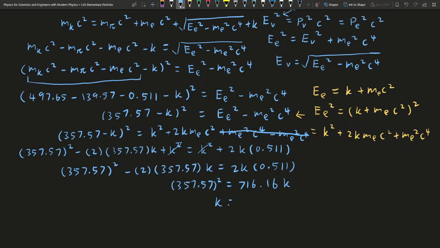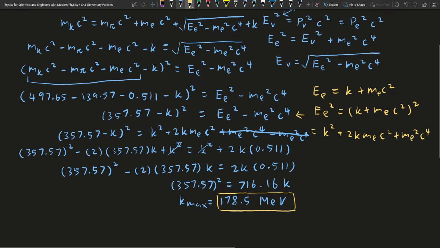Okay, now we solve for this K. This is the K_max. Here I get 178.5 MeV. This is the answer for part A.